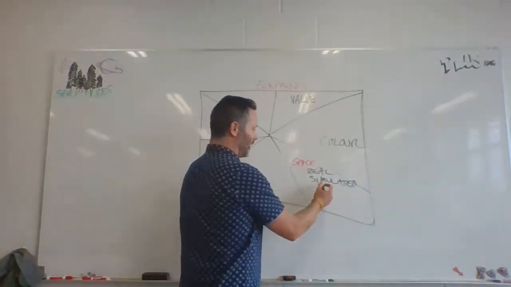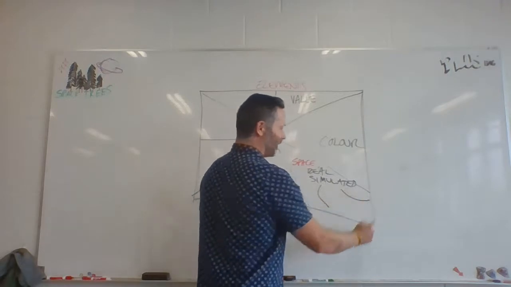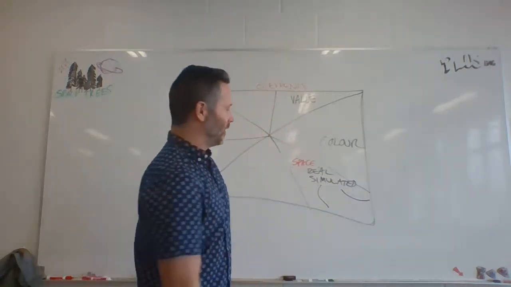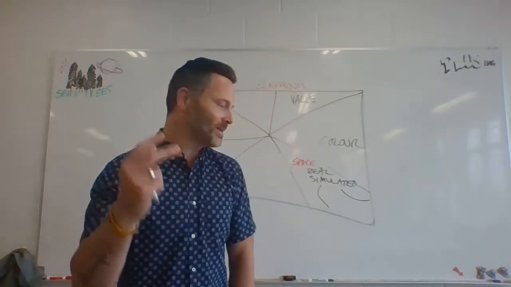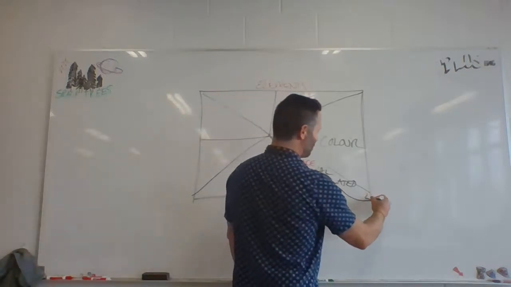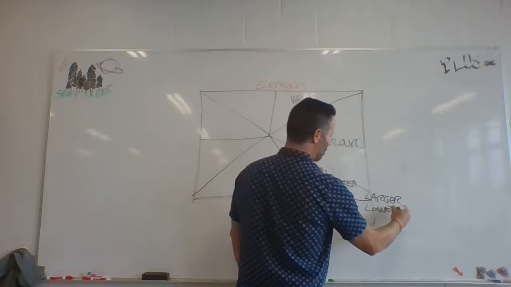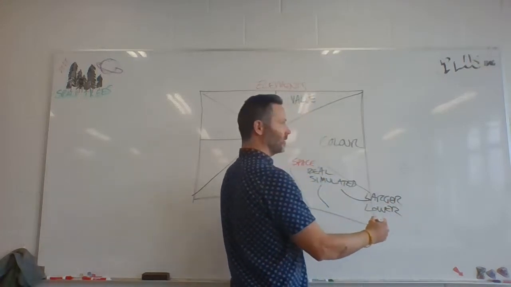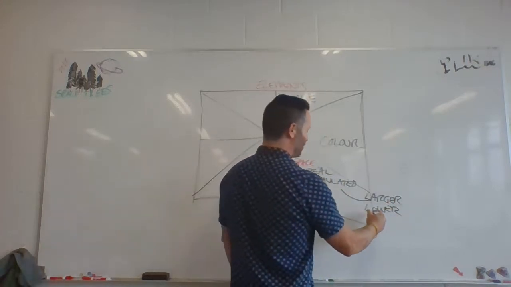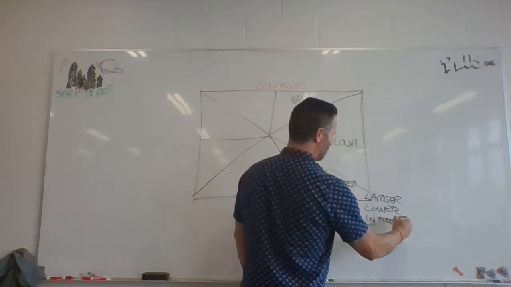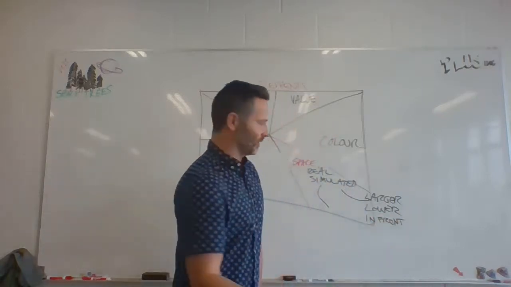One of the ways we create simulated space is through rules of perspective. And the rules of perspective are really simply, if it's larger, if it's lower, and if it's in front of, then it's closer.